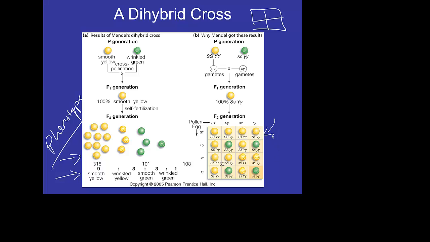Now, if you want, you can go through this table on the right and think about all the possible genotypes that would go along with this. We're going to focus on the phenotypes. That's what Mendel focused on. Remember, he had no knowledge of genetics per se. So we'll focus on the phenotypes. What did they look like?